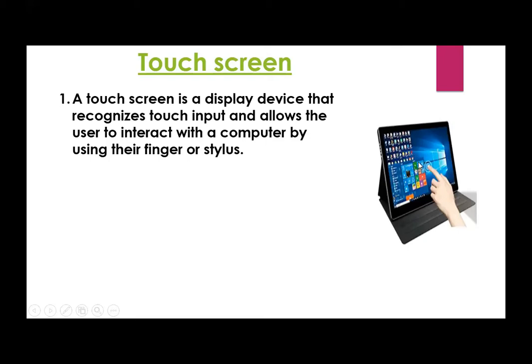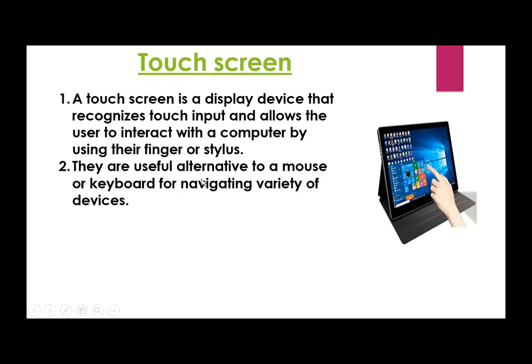What is the difference between a touch screen and a graphic tablet? In a graphic tablet we use a pen, but in a touch screen we just touch and select the data with the finger. So it is a display device. It is useful as an alternative to the mouse or keyboard for navigating a variety of devices. So it is the alternative device to the mouse and keyboard.